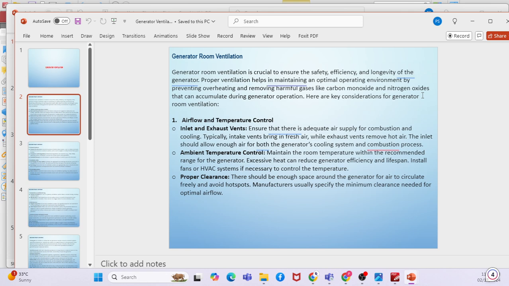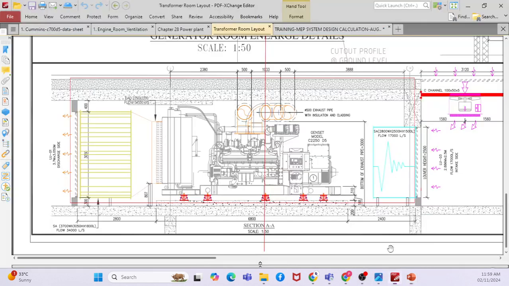Clear, right? Okay, so basically what is required is airflow and temperature control, right? So you have inlet and exhaust vents. If you go through the layout, you have inlet and exhaust vents. You have to properly cool the generator by supplying proper ventilation, and also provide proper air for the combustion purpose.